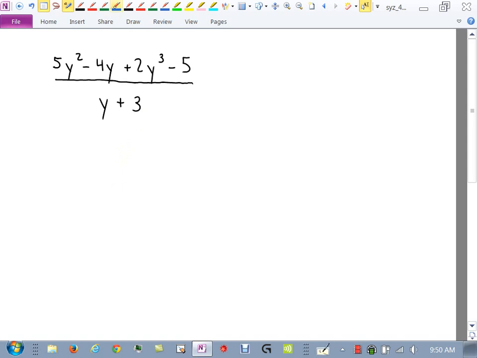So let me start by putting my box, an upside down box here, or upside down division symbol. What will go in the box? The coefficients. In descending order. See, I was trying to trick you. I couldn't do it. Sorry. I tried.